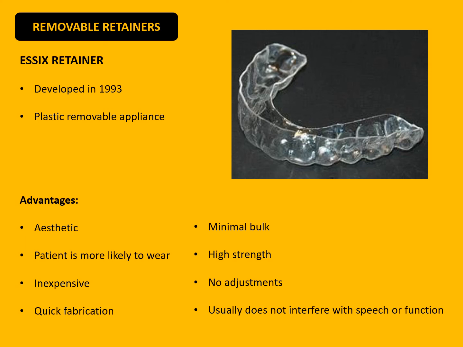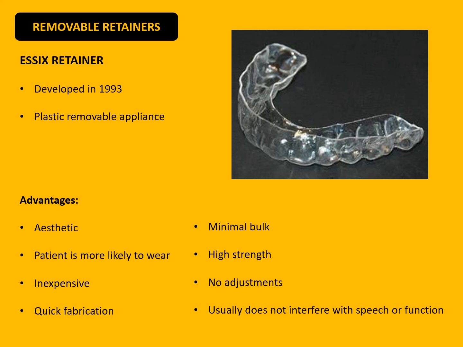The advantages of this Essix retainer are it is aesthetic, it is inexpensive, and the patient is more likely to wear it for a longer or a recommended period of time. It's very easy to fabricate.